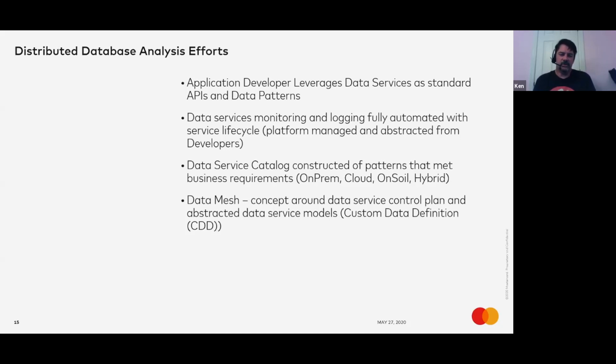And when you do this correctly, you're separating that platform piece from the developers, right? So developers don't have to worry about how they're going to monitor and get logging for their data, which, as I mentioned at the beginning of the discussion, is a pretty big issue at large enterprises, where the data sets are defined by the developers and are ad hoc and all over the place, and sometimes they don't cover all the needs that the business has.